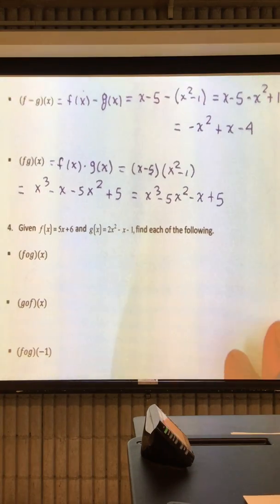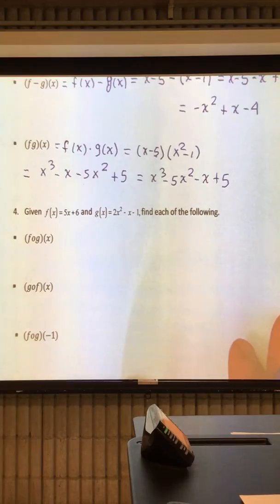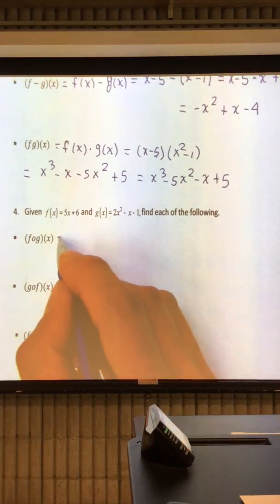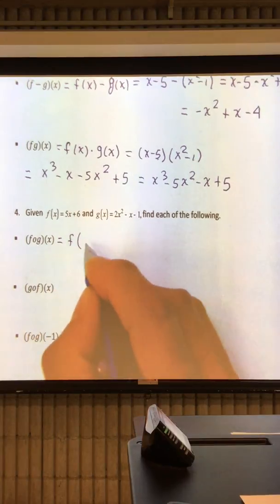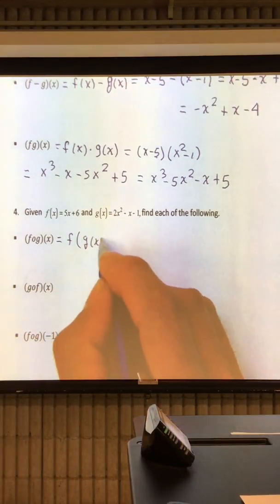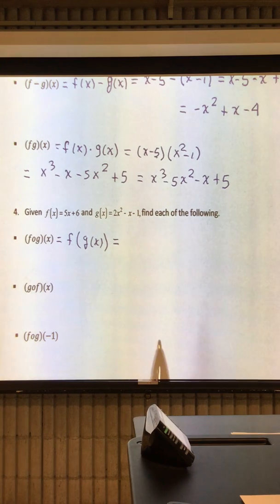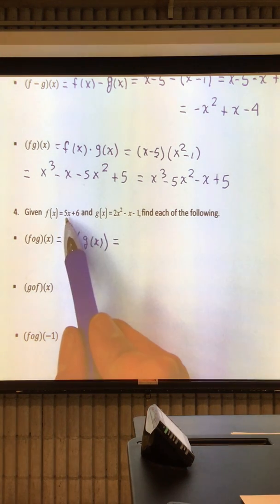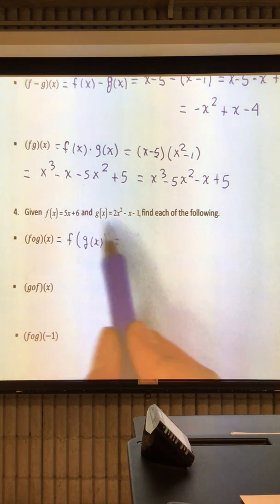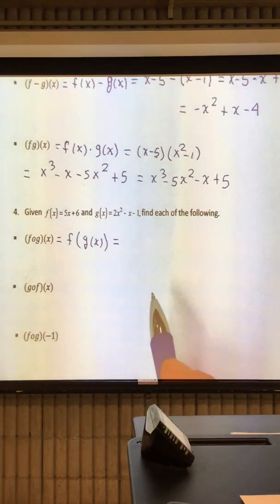Problem 4. We now wish to find the composition of functions, meaning to put one inside the other. This notation means f of g of x. Replace each x in the f function by the entire g of x function.